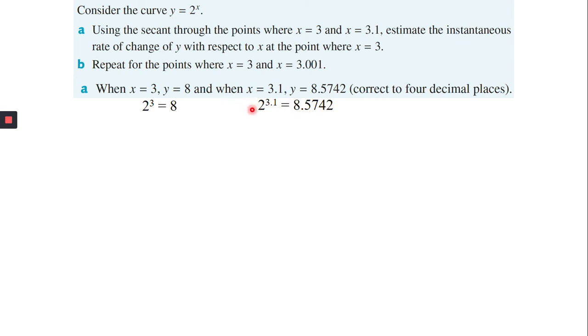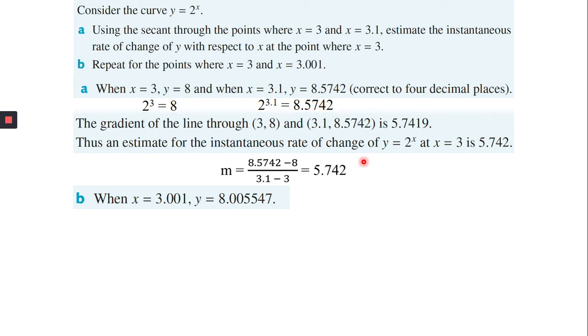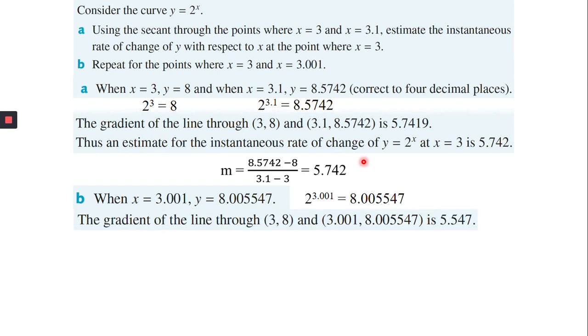Again, we just do 2 to the power of 3.1. Now what we've done is y2 minus y1 over x2 minus x1. So there's y2, there's y1, there's x2, there's x1, 5.742. There's the gradient.